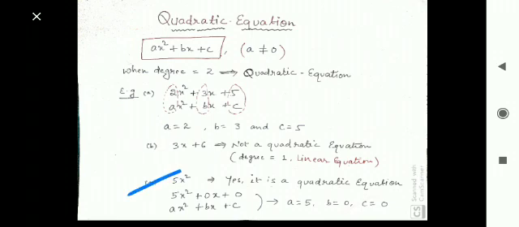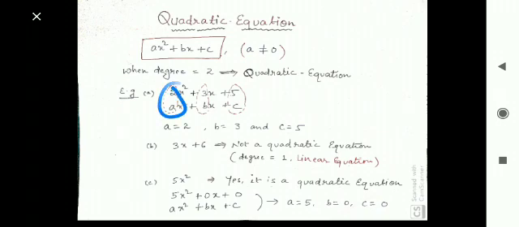So let's come to the first example. See, the example is 2x square plus 3x plus 5. Now in this example, 2x square plus 3x plus 5 is in the form ax square plus bx plus c. If we compare these two equations, suppose this is equation number 1 and this is equation number 2, we get that the value of a is 2.